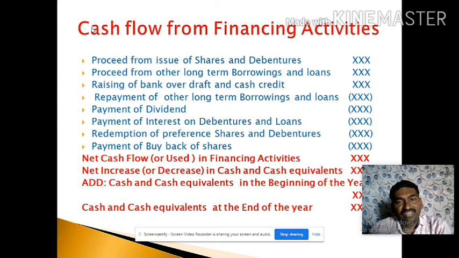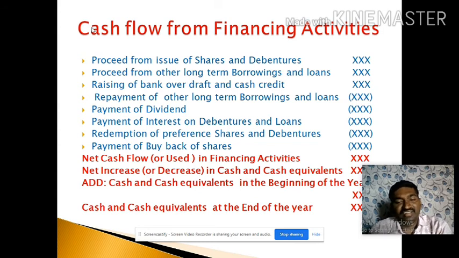Cash flow classification, that is cash flow from operating activities, cash flow from investment activities, cash flow from financing activities. Put together, we have to find out whether the firm has a decrease in cash and cash equivalent amount or an increase in cash and cash equivalent amounts. Then add the opening balance of cash and cash equivalents.